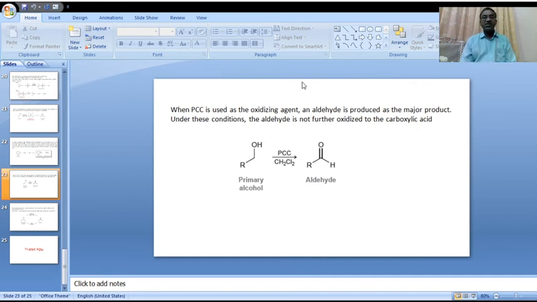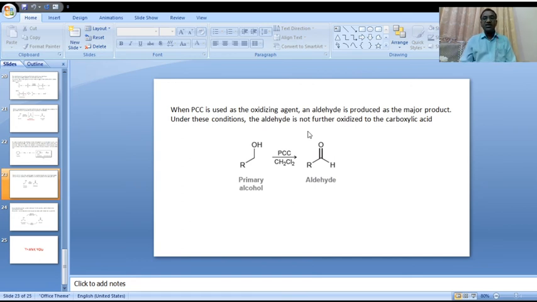When PCC is used as the oxidizing agent, the primary alcohol is oxidized with PCC in dichloromethane. An aldehyde is produced as the major product.